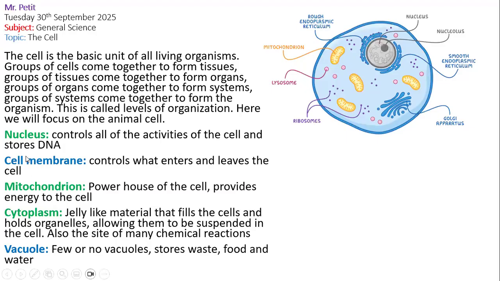These are the main things you need to know for sure: nucleus, cell membrane, mitochondria, cytoplasm, vacuole. We could talk about the smooth endoplasmic reticulum, Golgi apparatus, and ribosomes, but we definitely cannot do it tonight. Those are also important, but you just need to know briefly what they do.